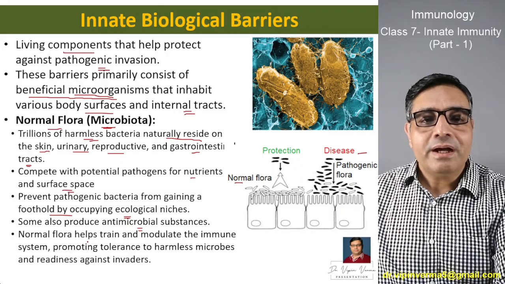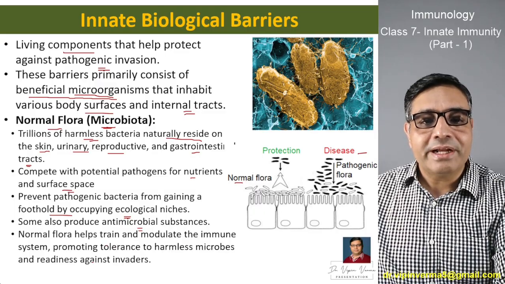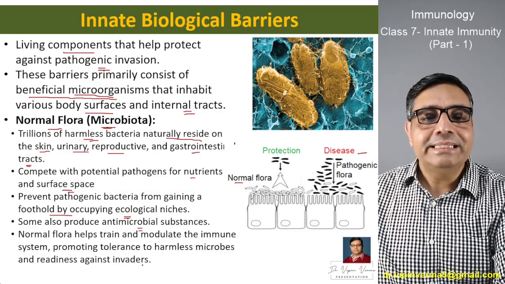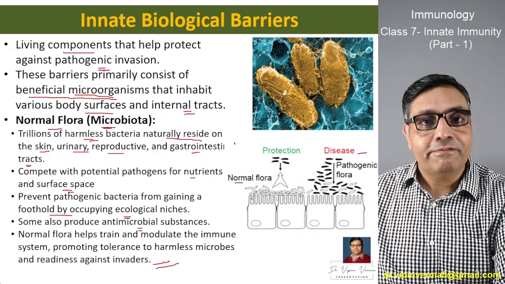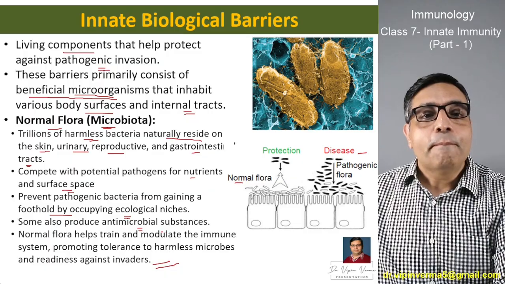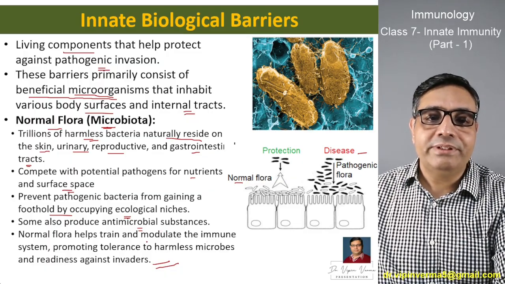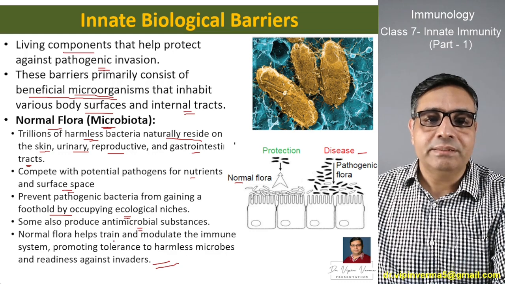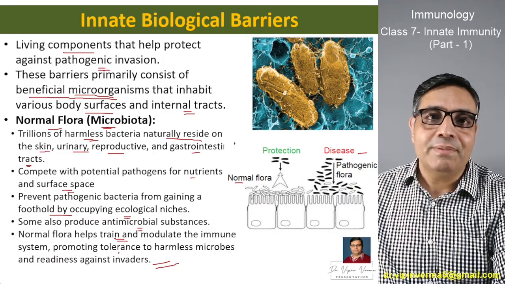So normal flora helps train and modulate the immune system. It promotes tolerance to harmless microbes and readiness against invaders. So these are the three important functions of microbiota inside our body. They help train and modulate the immune system, because our immune system knows that this is harmless.